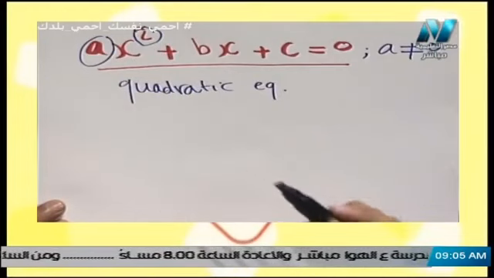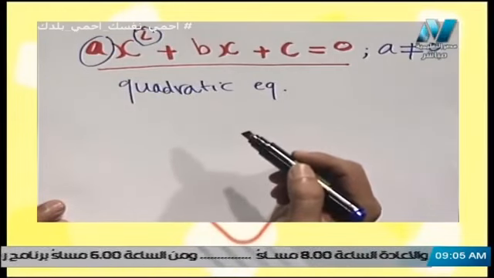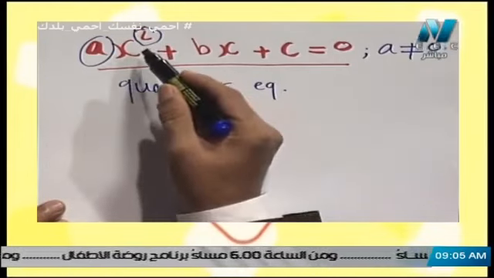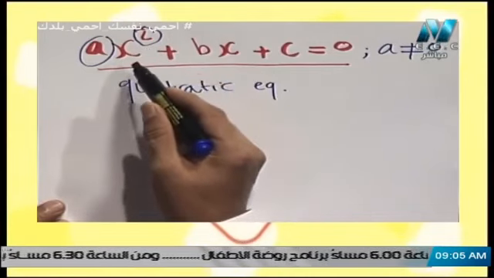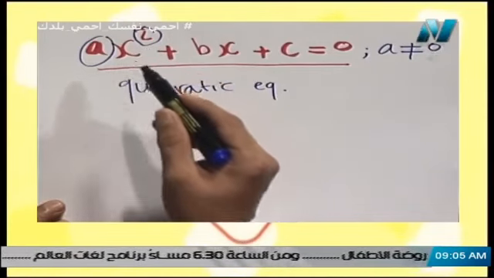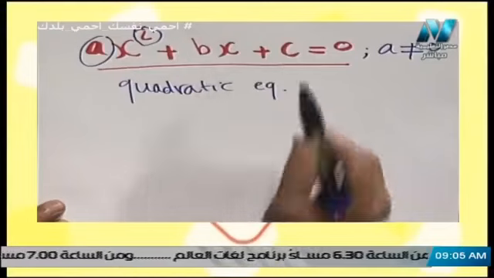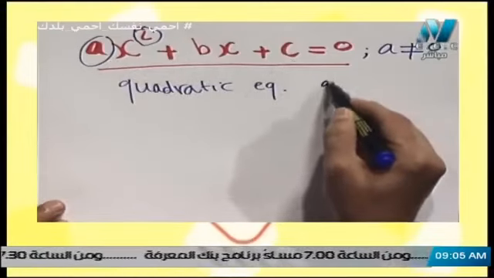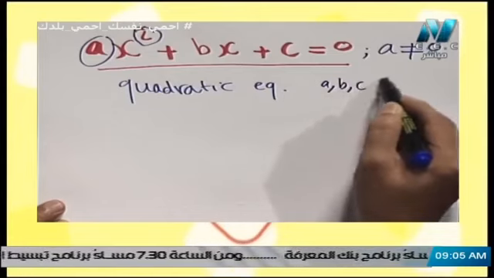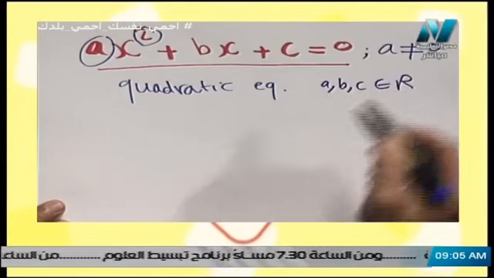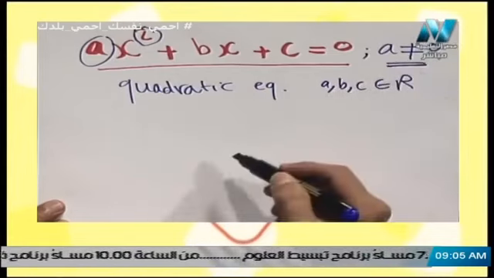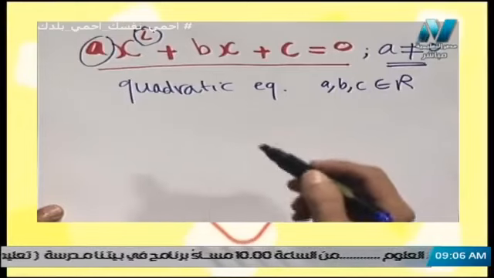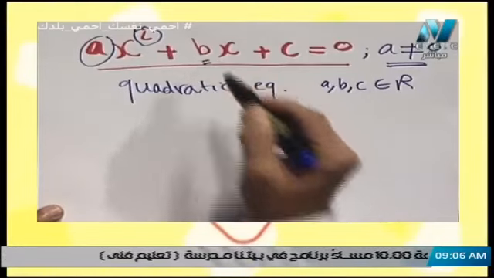Okay, how to solve this equation? If we have a second degree equation here in one variable, it means that we have only x here. A, b, c are real numbers, and as we said, a doesn't equal 0. Can b equal 0?